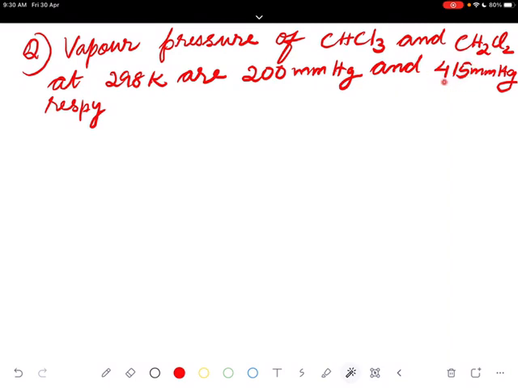See, 415. This is only 200. CHCl3 is P naught A, that is 200. And CH2Cl2 is 415. The pure component's vapor pressure is higher respectively.